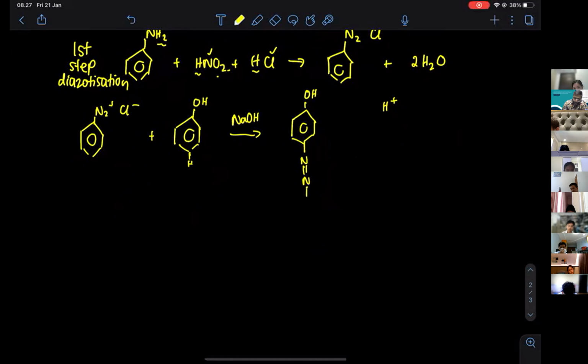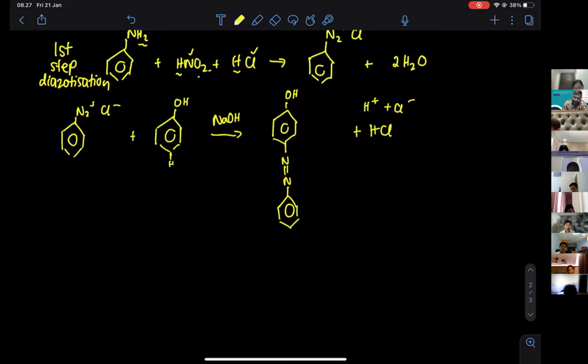So basically this reaction is an electrophilic substitution reaction. You have Cl minus, so they are going to give you HCl. If you want to simplify, this is the azo dye, which is going to be orange in color.